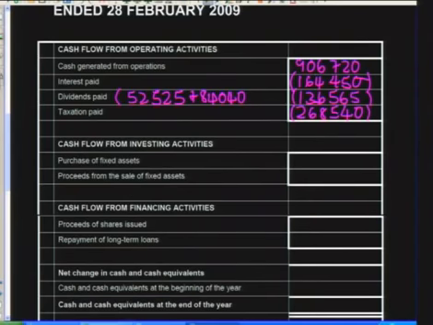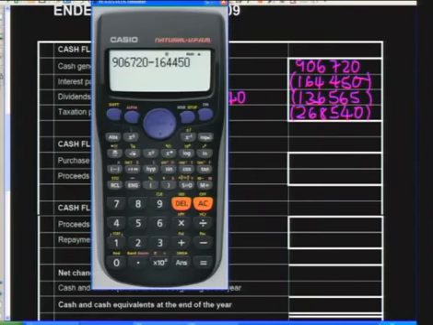Let's go back to my calculator. So we got 906,720 minus 164,450 is equal to that, minus 136,565 is equal to that, minus 268,540 is equal to 337,165.